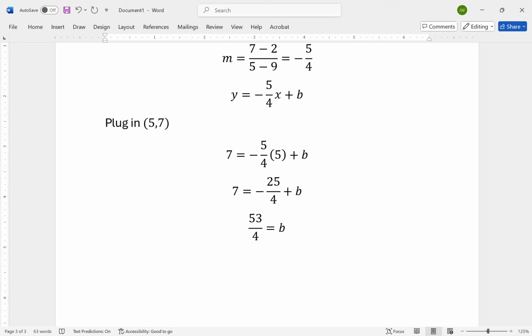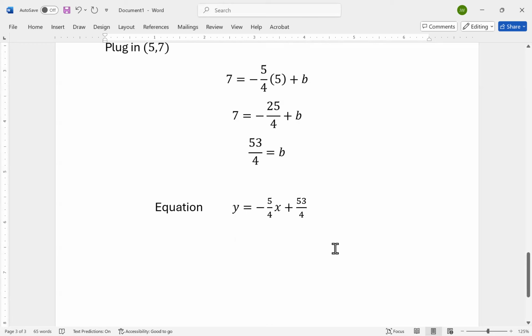So therefore, my equation is going to be y is equal to negative 5/4 x plus 53 over 4. Now that's my equation using improper fractions.